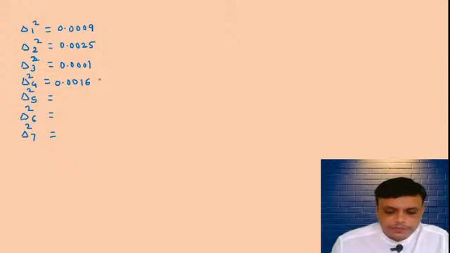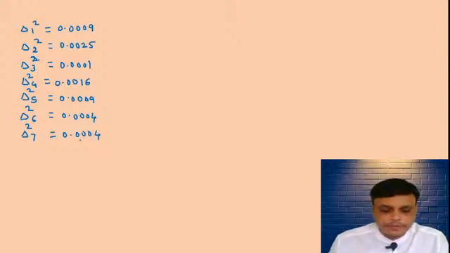Del 5 0.0009. 0.0004. 0.0004. ये हो गई? ये हो गई del square. ये हो गया del square.